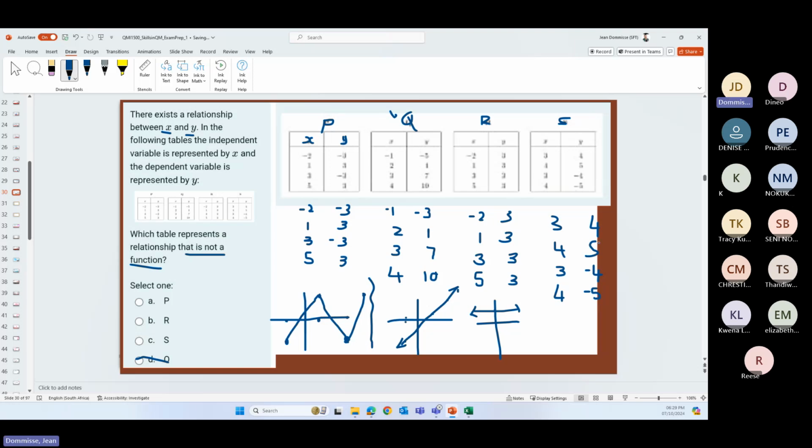And then this function is a bit of a weird one. So x is 3 and 4. And okay, so here we have one that, so that is fine because we don't have a x value that has two y values.